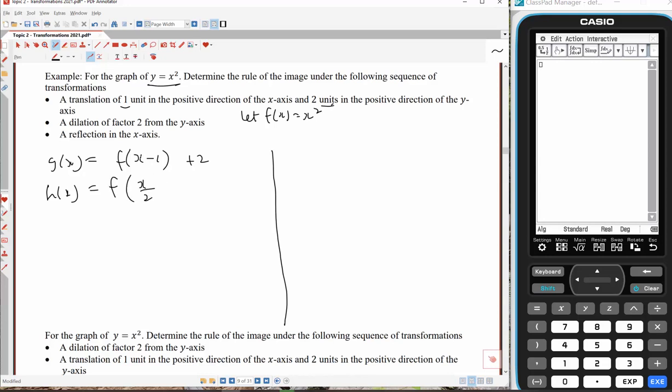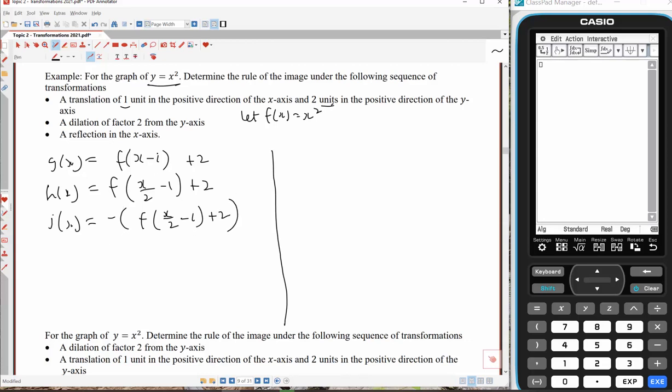So I see x and I replace it with x on 2 to do the dilation. Take 1 plus 2. That's that. Reflection in the x-axis. So to do reflection in the x-axis, all I do is I negate the function. So j of x equals negative brackets f of x on 2, take 1 plus 2, close brackets.